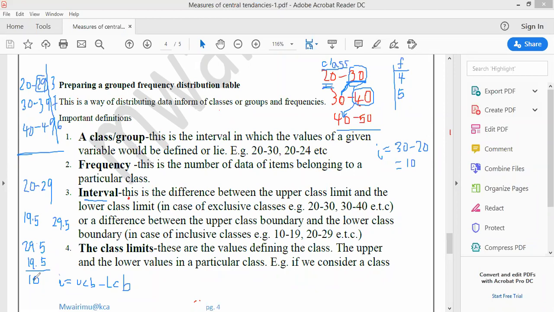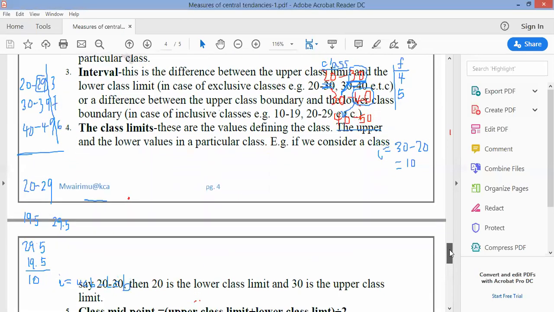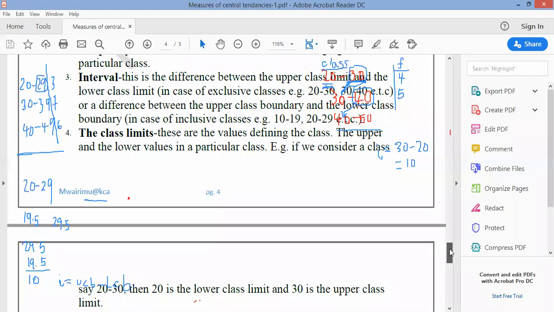Now, in our calculations, after we have formed our distribution, we may be interested in getting what we call the mean of the distribution. So how do we determine the mean of our distribution?